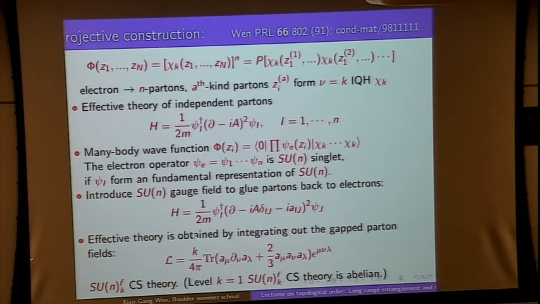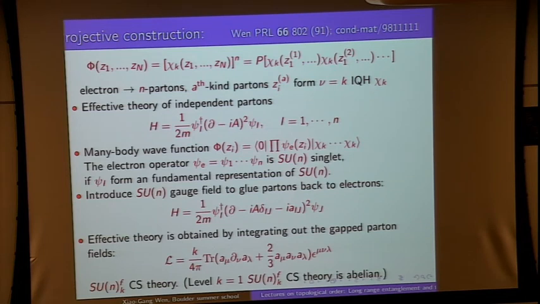And there's a level K here. This K is almost like a Hall conductance. Suppose this SU(N) gauge field is like a U(1) element, a diagonal element, coupled to all the partons equally. Because the partons fill K Landau levels, the Hall conductance is linear in K, so this coefficient has linear K dependence.